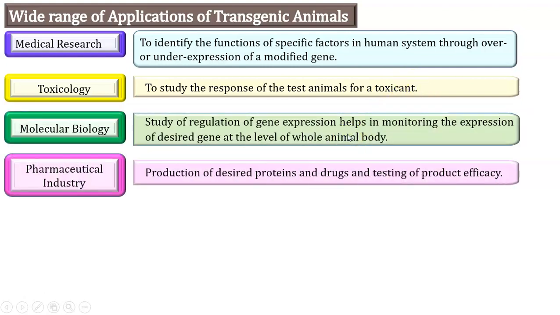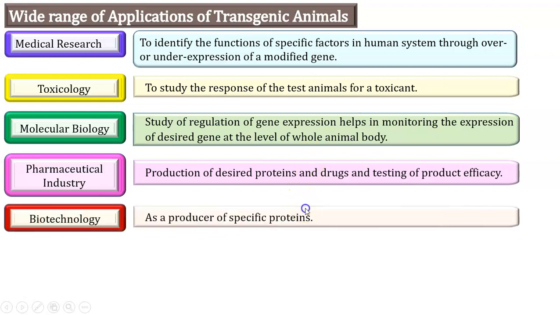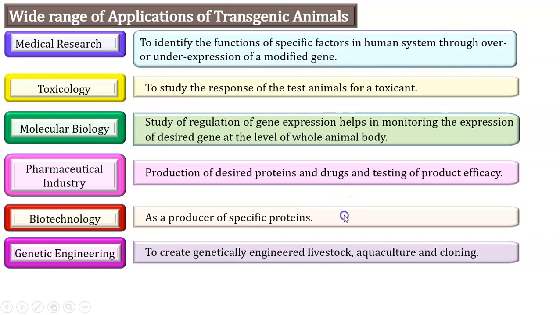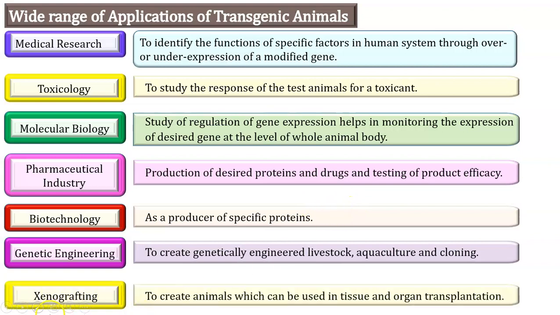Molecular biology, pharmaceutical industry, biotechnology, genetic engineering, and xenografting. Here xenografting is to create the animal which can be used in tissue and organ transplantation. The use of transgenic pig, we are going to discuss this special benefit we get from transgenic pig, that is they are used in xenografting.